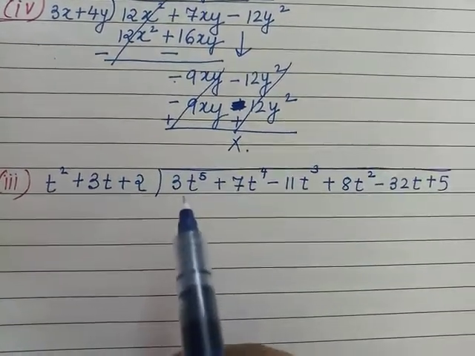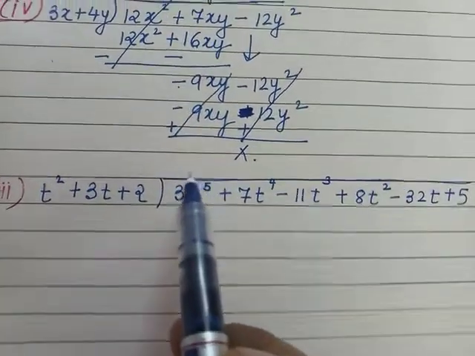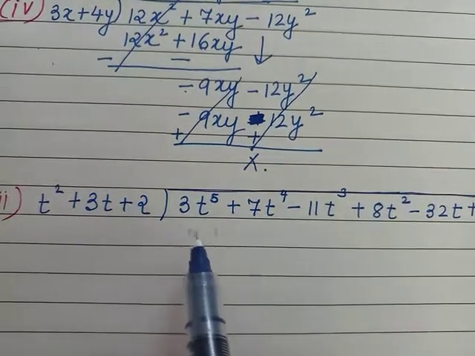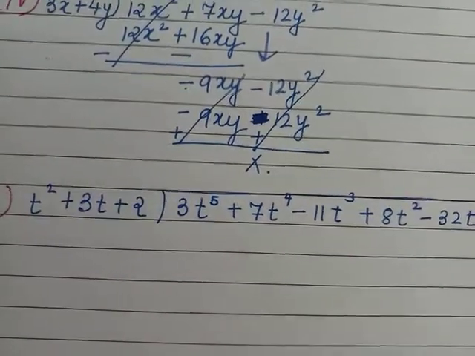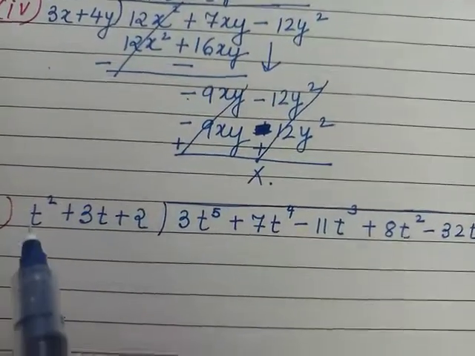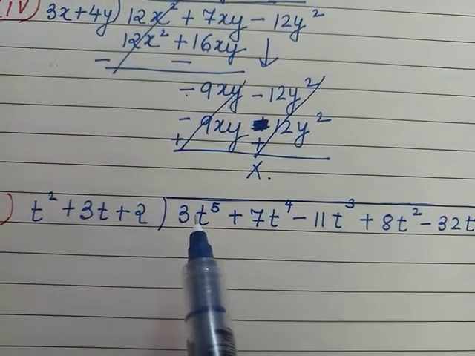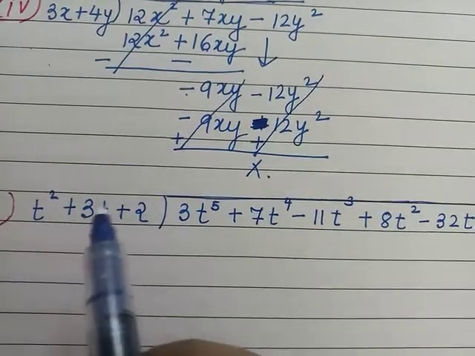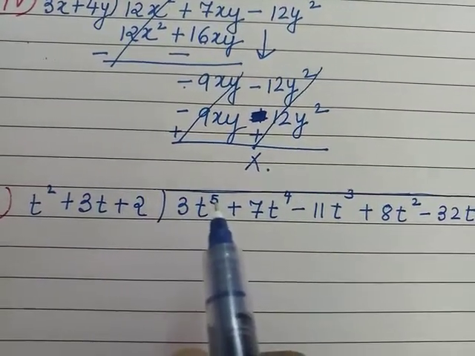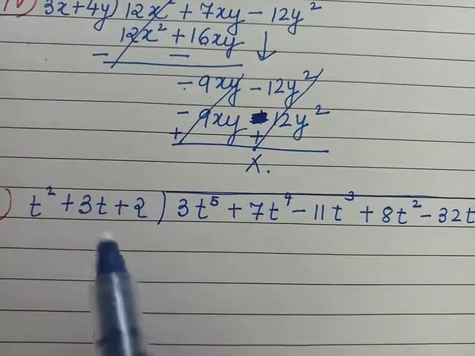Now we start doing the division. The first term to be eliminated is 3t to the power 5. Here the first term is t square. So we need plus 3t cube in front of that, and t square when multiplied with the t cube will give you t to the power 5.